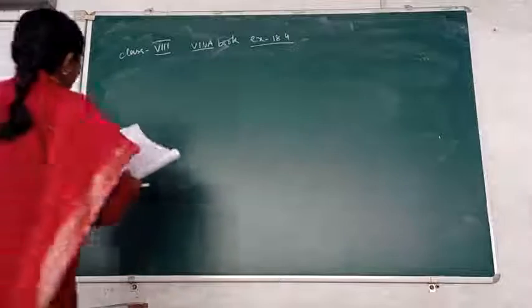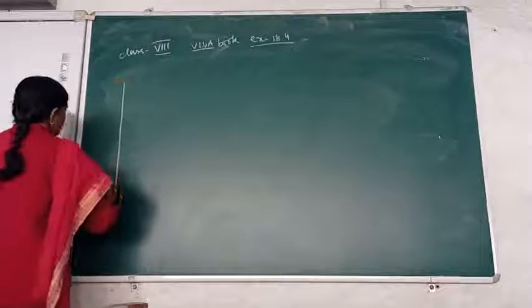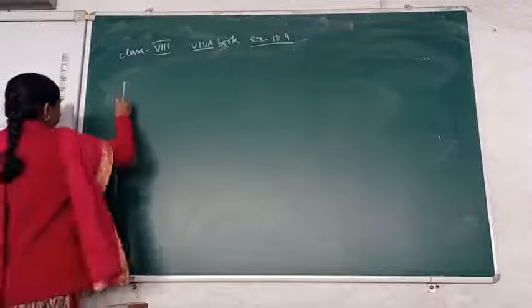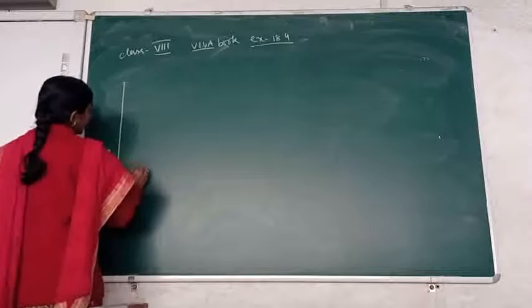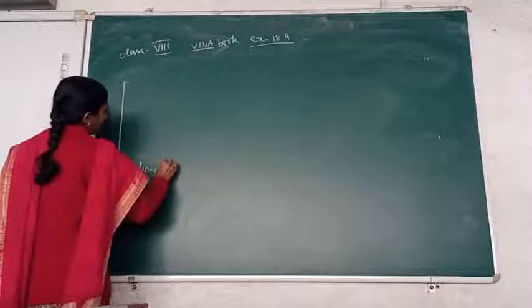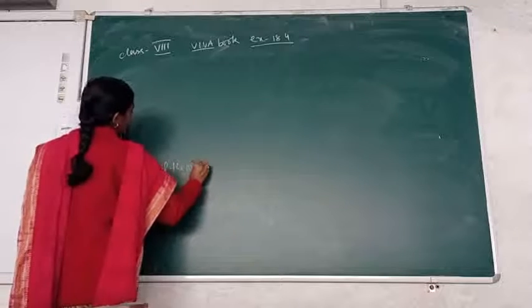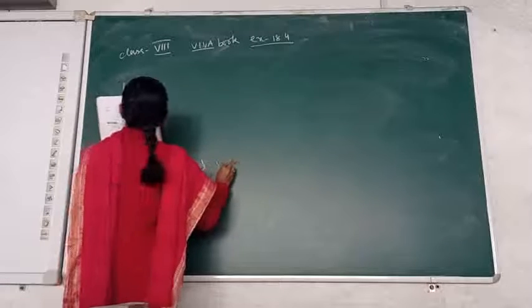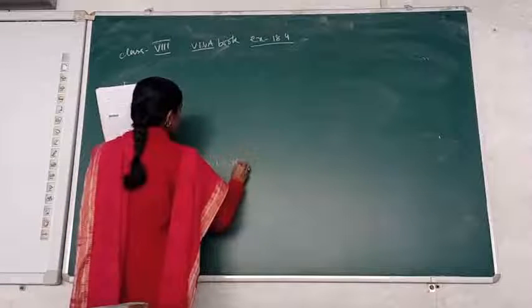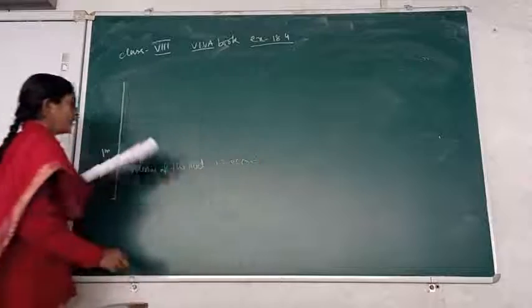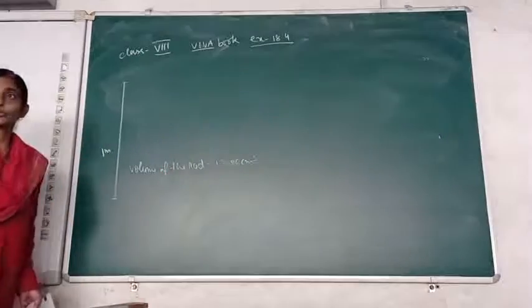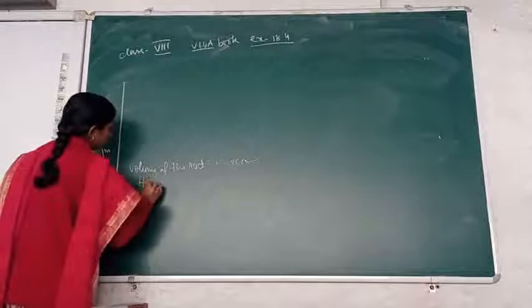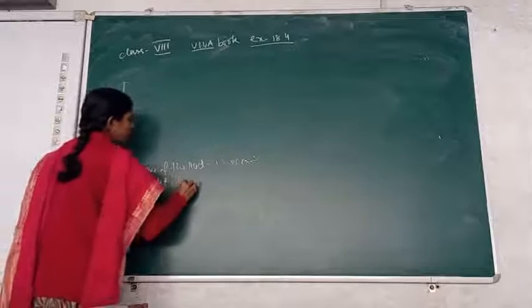One rod has been given, whose length is given as 1 meter, and the volume of this rod is 1386 centimeter cube. The length of the rod, which we consider here as the height of the cylinder, is 1 meter.